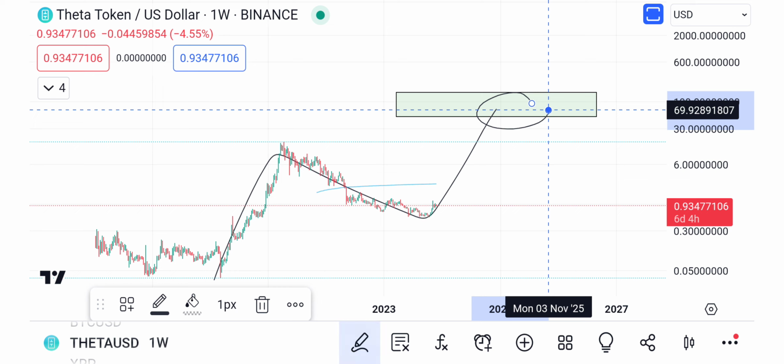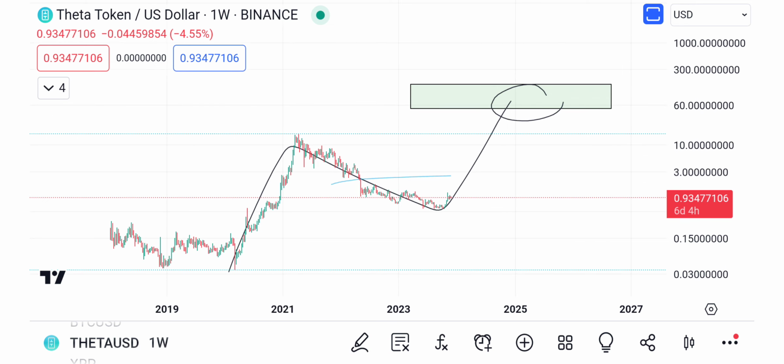So given that Theta is a remarkable system, never before seen, definitely utility driven, there's no question in my mind we can hit that $80 to $100 target, given the fact that the bare minimum is the 4.236 linear scale, which comes in around $67.